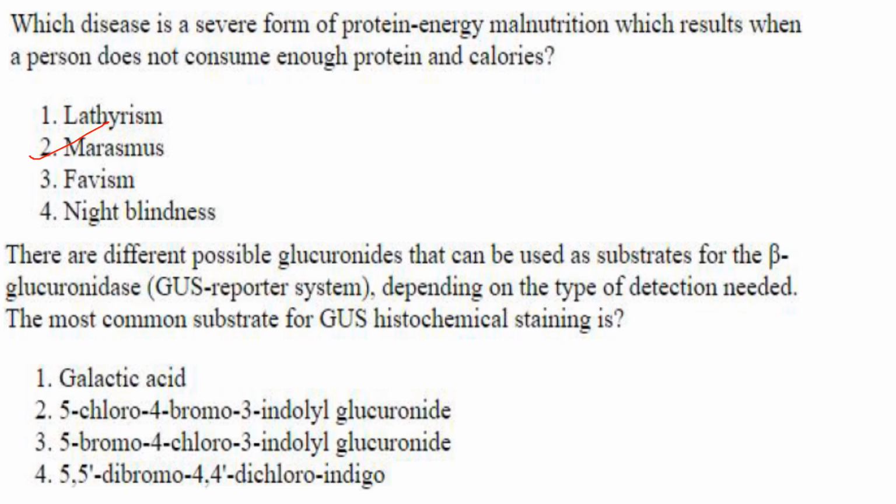Then next one. There are different possible glucuronides that can be used as substrate for beta-glucuronidase in the Gus reporter system.